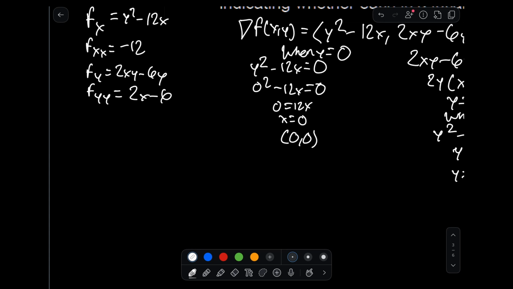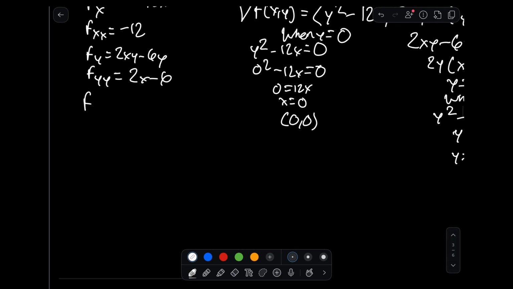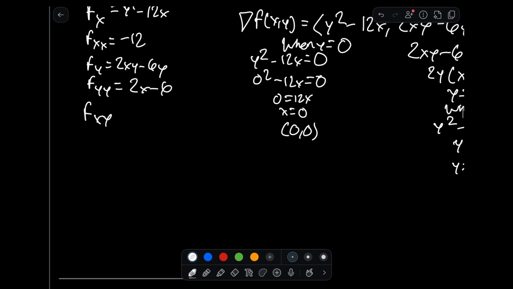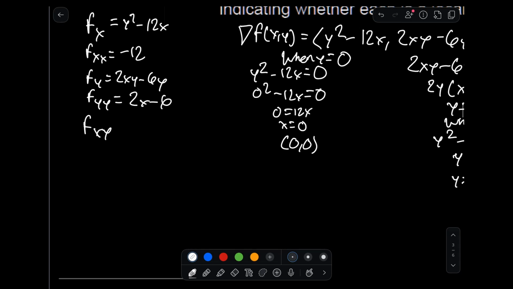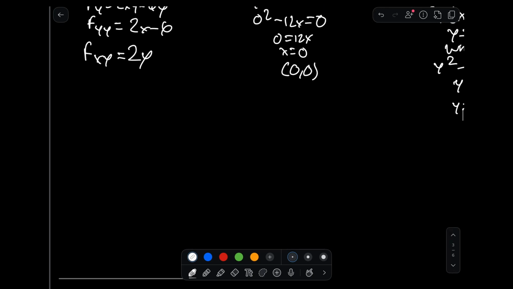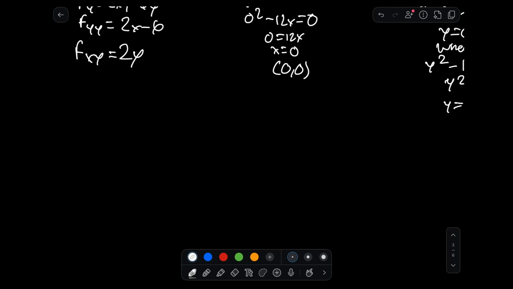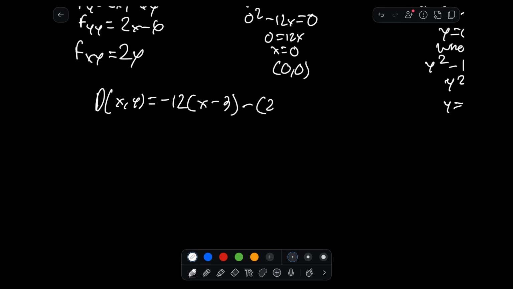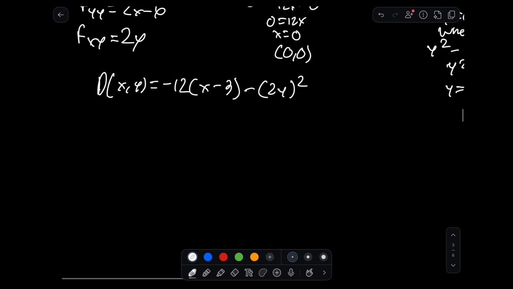And now we can solve for f sub xy. We can choose either one, doesn't matter. I'll just choose the first one, which will get us 2y. And then we can plug everything in. So we have D of (x, y) equals negative 12 times (2x minus 3)... minus (2y) squared.